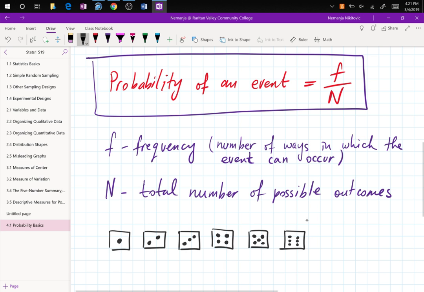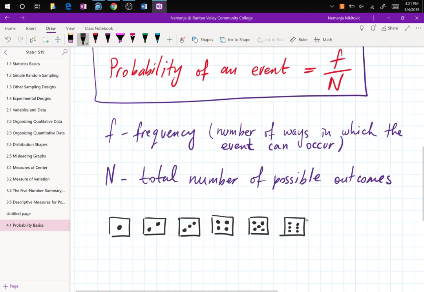All right, so now when you're looking at the formula above, and say you are looking to roll a 6, your F is equal to 1 because there is only one way to get a 6 if you roll a die, if it's a fair die.